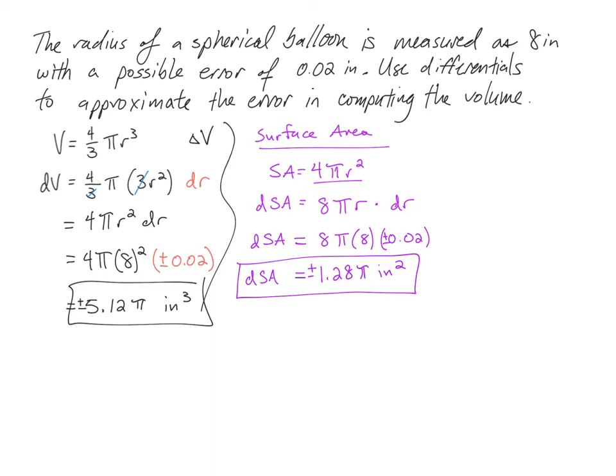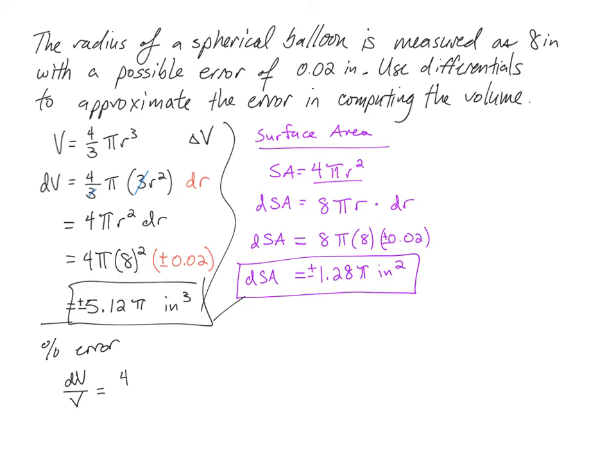The last thing we can do is approximate percent of error. So what we can do to figure that out is take dV, so we'll focus on the volume first. So let's see, percent error, you take dV and divide it by V. So what that would look like before anything is done, you just want to go back to the actual equation.